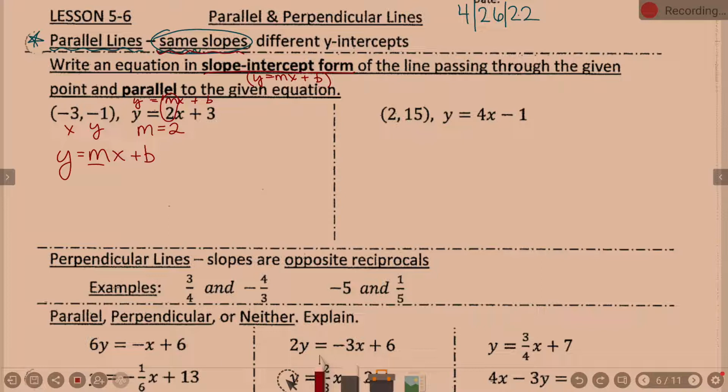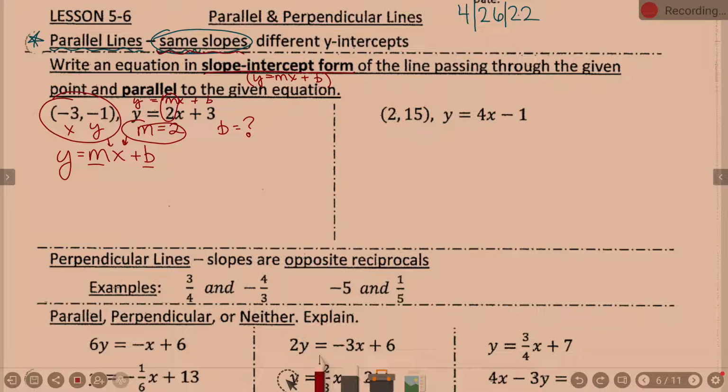Besides m, I need to know b. Do you remember finding b previously? You had to do this on the quiz. In order to find b, we're going to use our xy ordered pair and our slope, and we're going to plug them in.